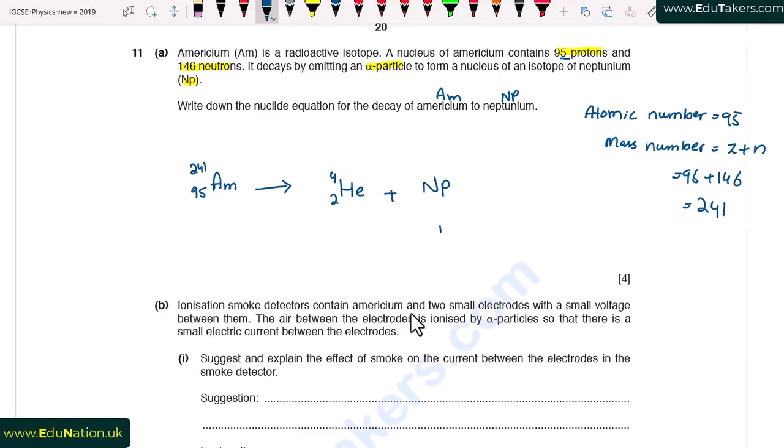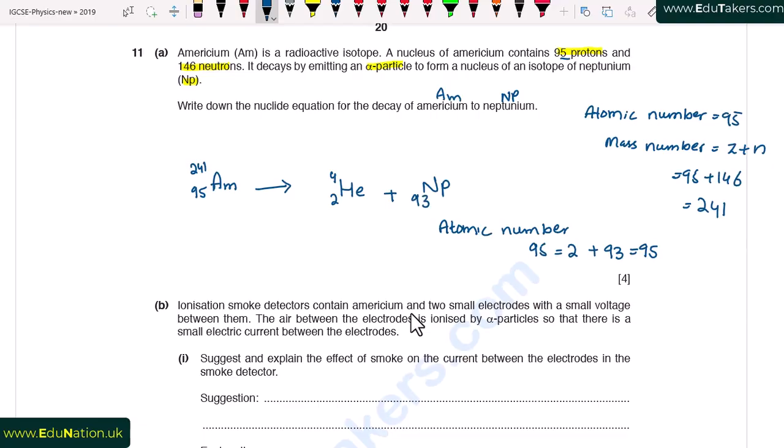So first of all atomic number, on left hand side it is 95 and on right hand side it is 2. So which number we have to add here so that it becomes equal to 95? It is 93. Then both of these are equal. So I write here 93.